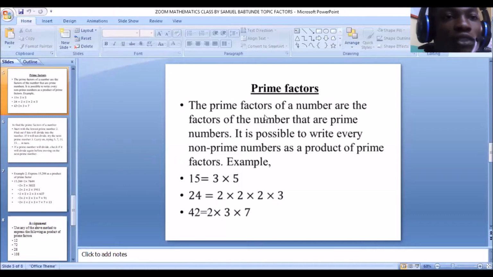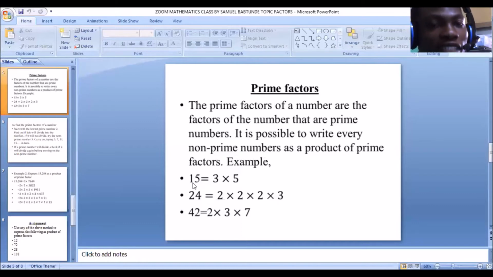So prime factors of a number are the factors of the number that are prime numbers. It is possible to write every non-prime number as a product of prime factors. For example, I have 15 and I want to express 15 as a product of its prime factors.